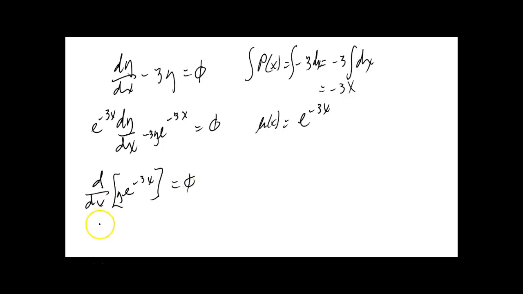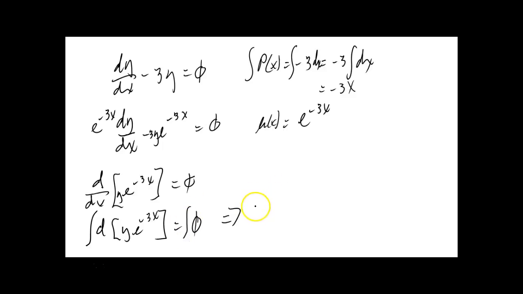So write that in differential form: d of y e to the minus 3x is equal to 0 dx. Integrate this. You integrate a perfect differential by the fundamental theorem of calculus. We'll integrate this too, by the way.